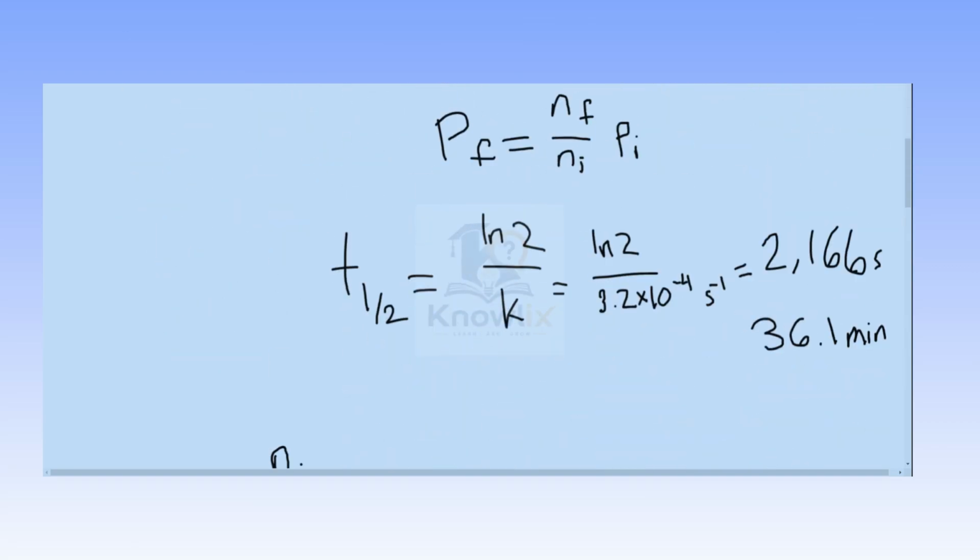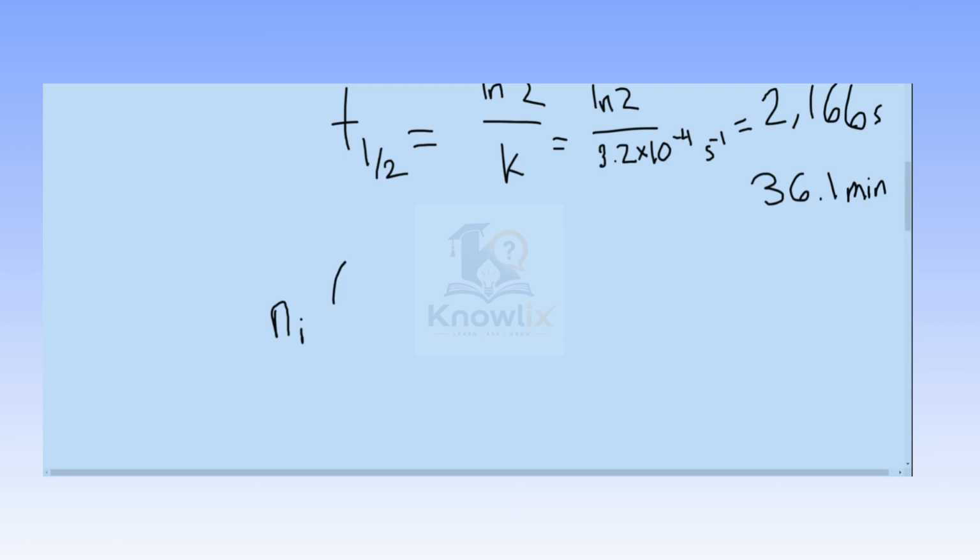Initially we have all moles of the dimethyl ether, and then 8 minutes have gone by, and it takes 36.1 minutes to have 1 half-life.